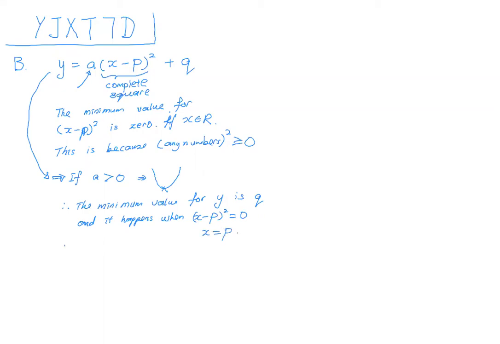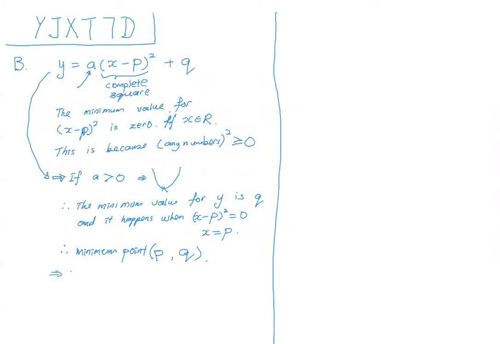So therefore, from here, the minimum point has x coordinate p and y coordinate q. So if I write my quadratic equation in this form, I can straight away know the coordinates of the turning point. Agree with me?